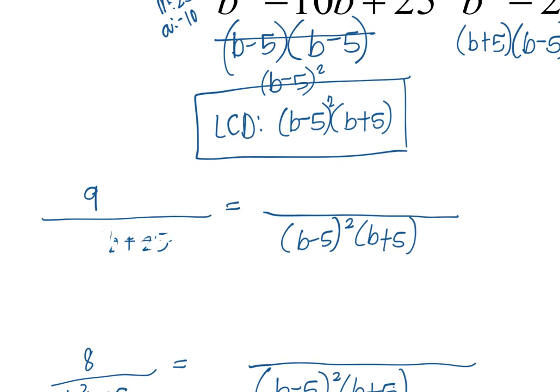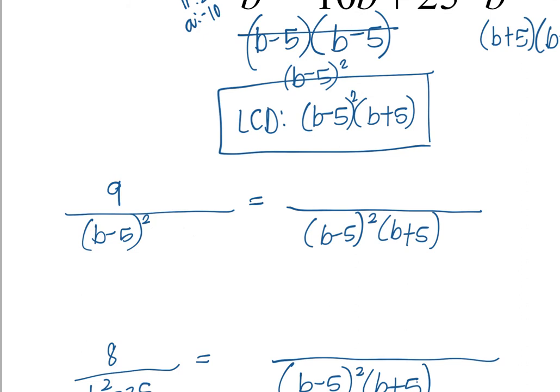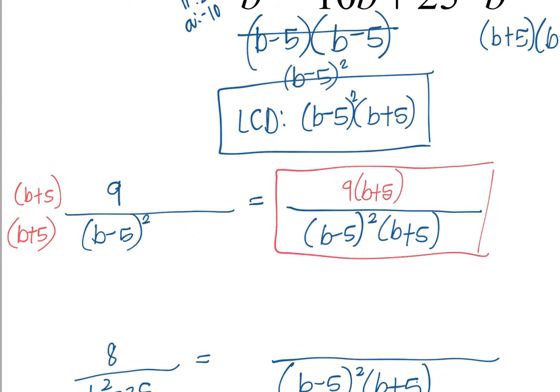It's missing a b plus 5, so multiply it by b plus 5, and what you do to the bottom, you must do to the top. So 9 times b plus 5 over b minus 5 squared times b plus 5 is the equivalent fraction.